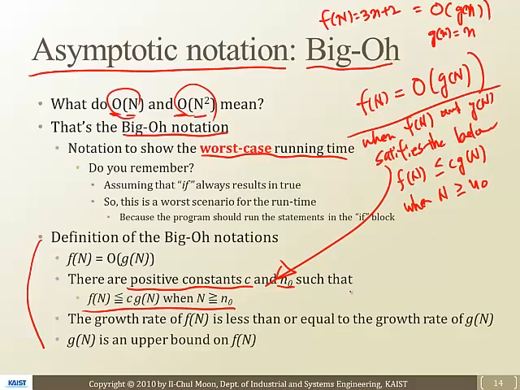So if we plug in the actual example above, c n is always greater than 3n plus 2 when n is greater than n0.